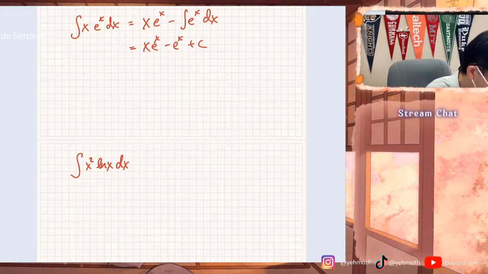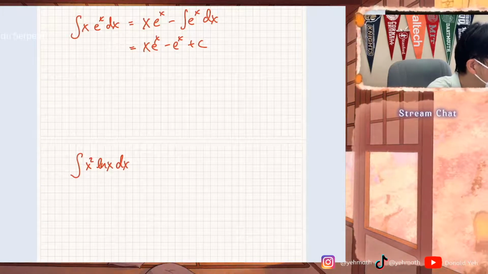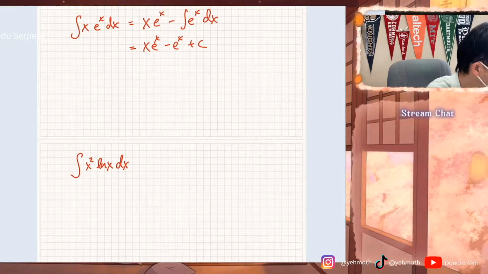X squared natural log of x dx. So there was an algebra and there was a natural log.